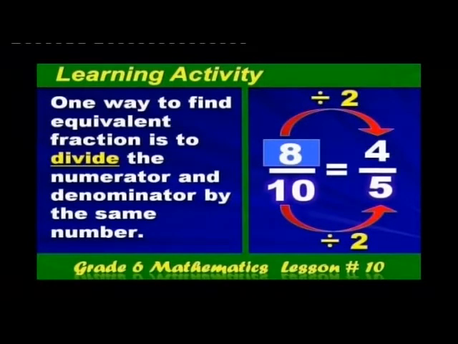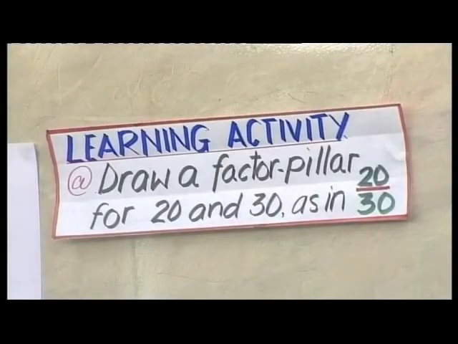So this is what you can do when you come across fractions that are bigger in order for you to find the other equivalent fraction to that. We still have another learning activity. I understand that you have gone through drawing factor pairs. This can be another way that you can use to find equivalent fractions by dividing.